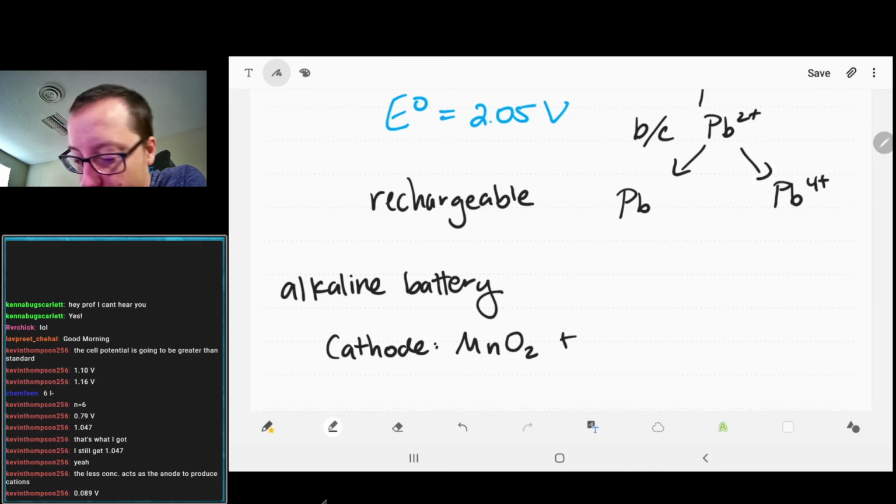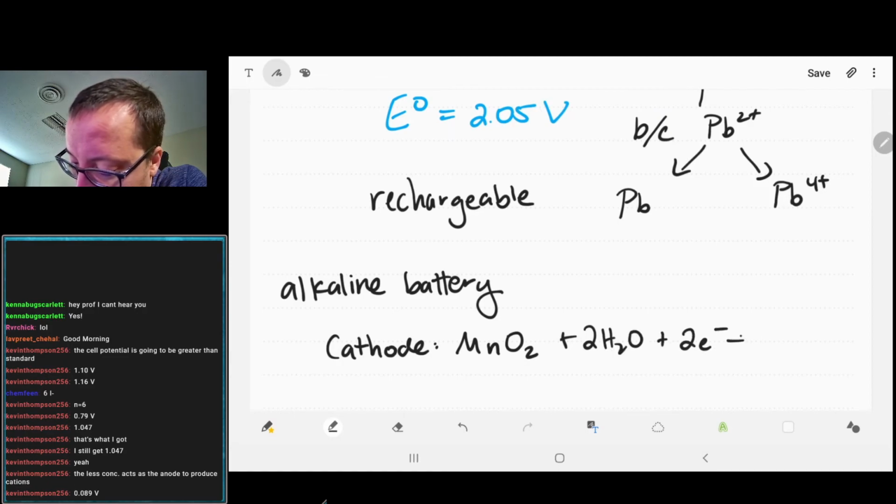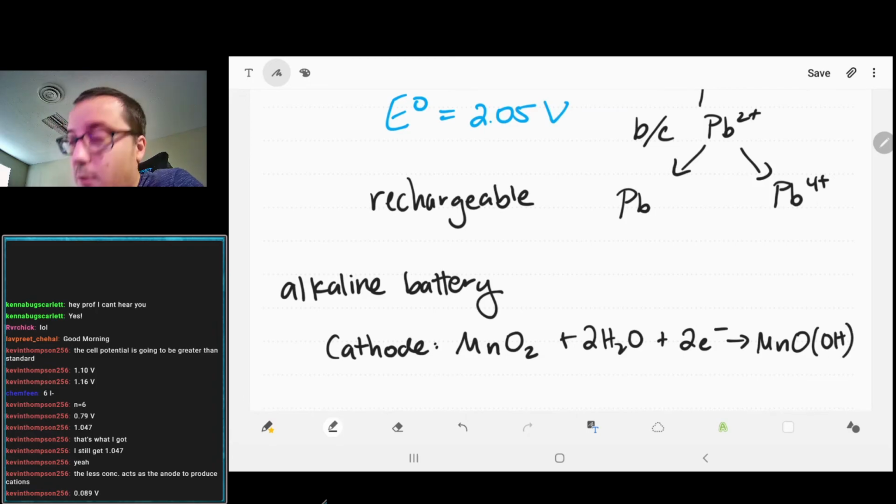We have some water and electrons. We're going to reduce that to manganese with a hydroxide as well. So we're going to have manganese 3 and 2 hydroxides.